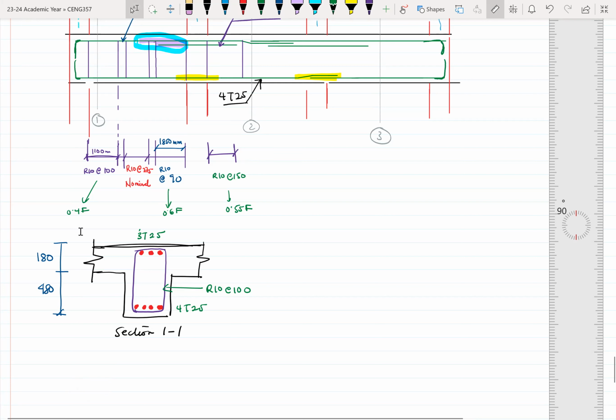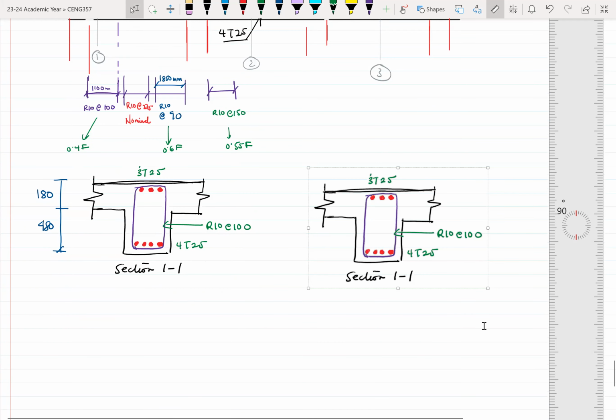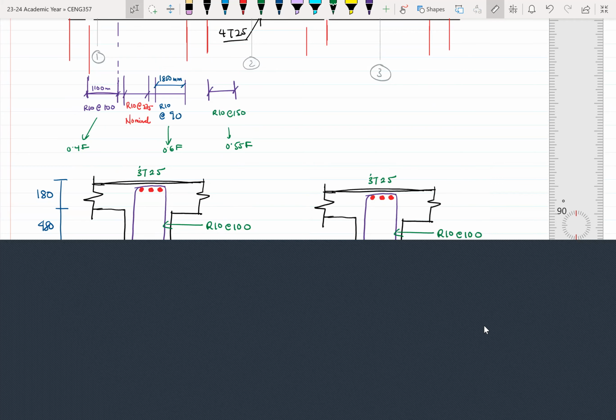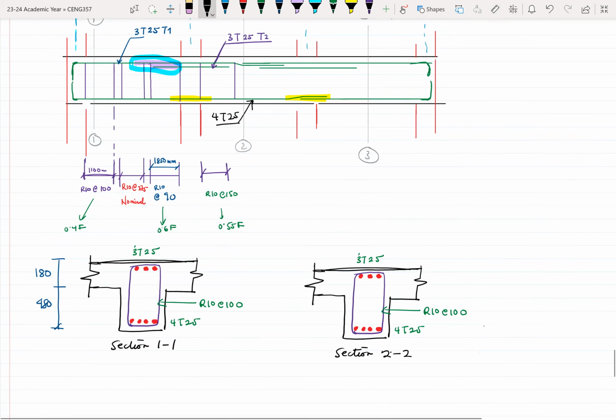Let's just do the same thing for the other sections. Let's look at section 2.2. Let me take the ruler away. So section 2.2. For section 2.2, what do we have?